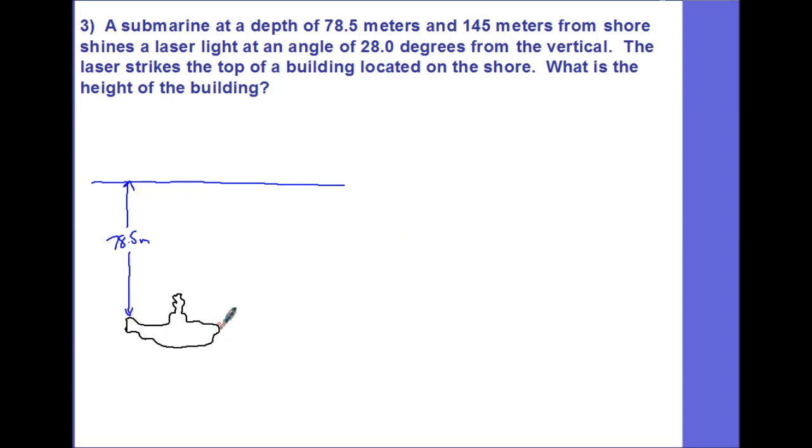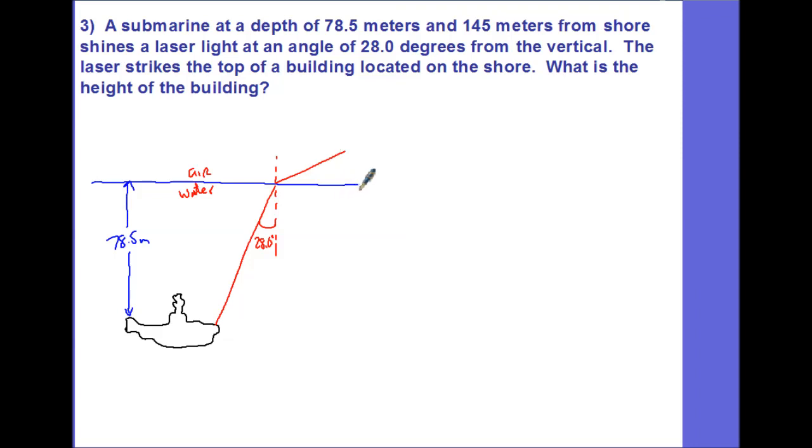And we're going to shine a laser light. Let's use a red laser for this one. We're going to shine it 28 degrees from the vertical, and that would be a 28 degree incident angle. This is water, and this is air, so that's going to bend away from the normal. Now it happens to hit the top of a building that's located right along the shore.